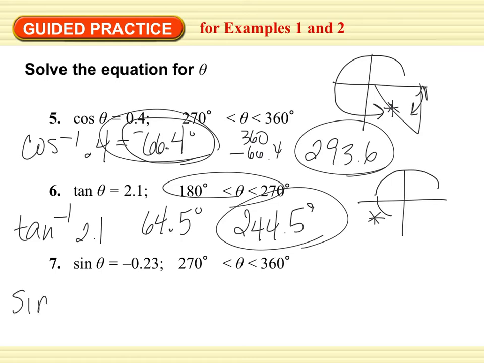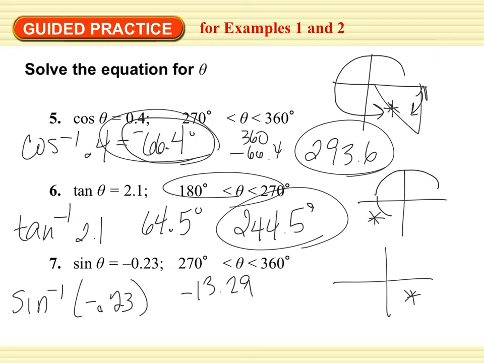Now, sine to the -1 of -0.23. Between 270 and 360 is over here. Sine -1 of 0.23. Forgot the negative sign. -0.23 is -13.29 degrees, which works.